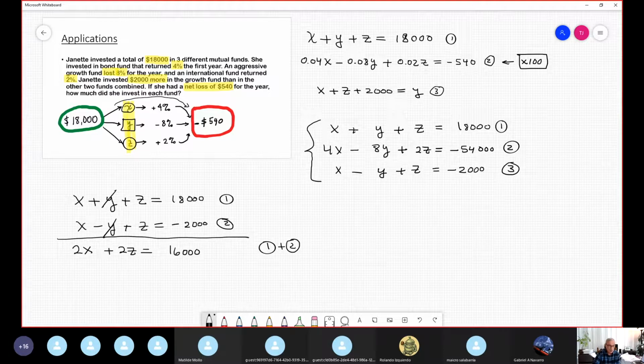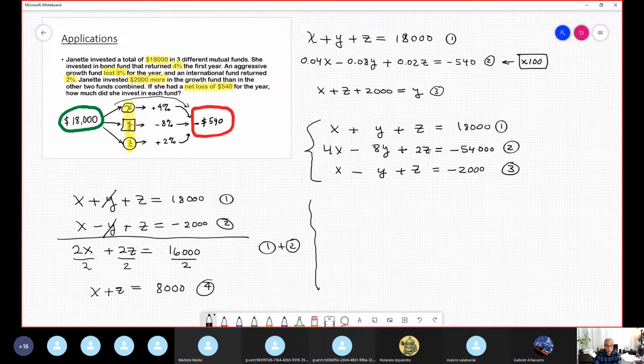We can divide it by 2. Yes, because the coefficient is 0 and you divide the entire equation by 2, and nothing happened. You know that. This is x plus z equal 8,000. I call it equation 4. Stop so far.